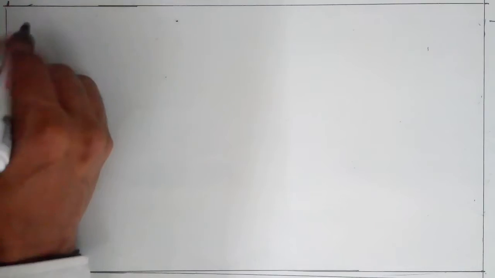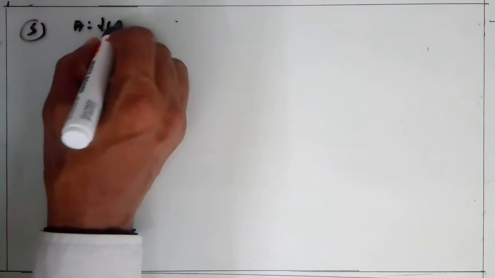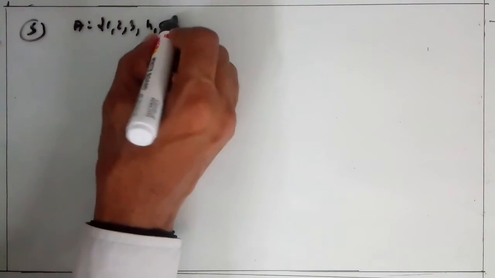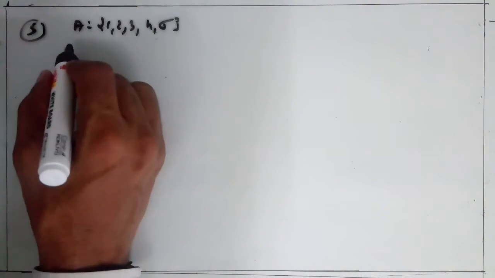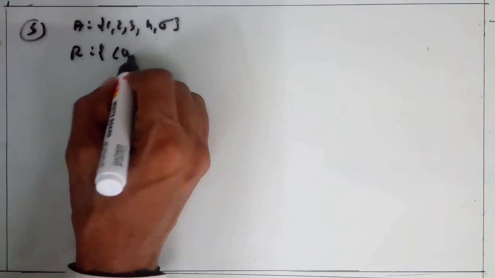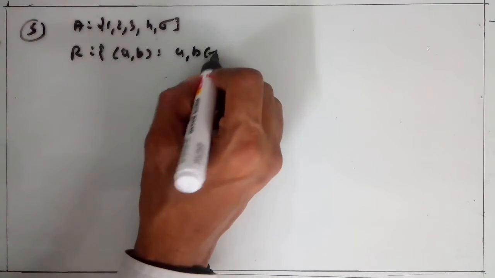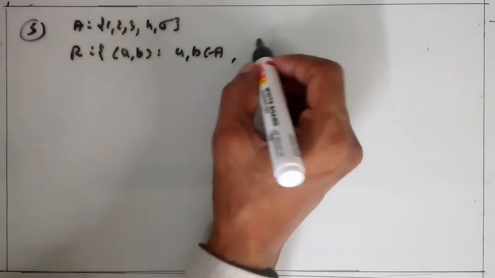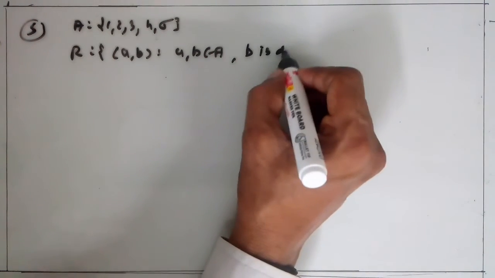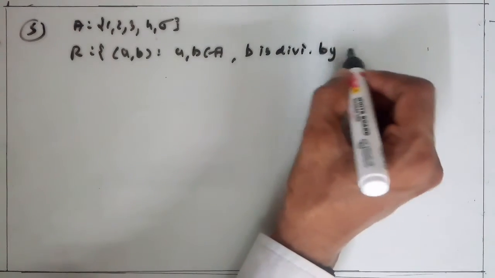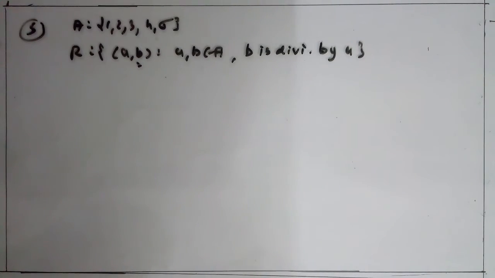Now question number 5. Let A is equal to 1, 2, 3, 4, 6. Let R be a relation on A defined by R is equal to (a, b) such that a belongs to A and b is exactly divisible by a.